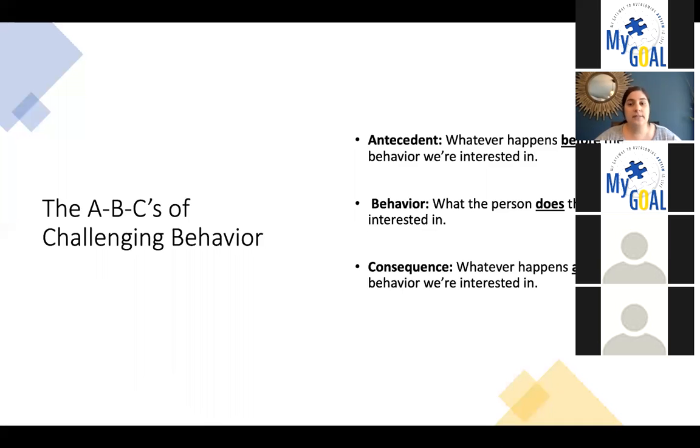Consequences is just what happens after the behavior. So while today we're going to talk about behaviors in terms of maladaptive types, the past 2 weeks we've talked about behaviors as positive behaviors, things that we want to see and continue. So either way, the consequence, whatever happens after, is what causes that behavior to continue.